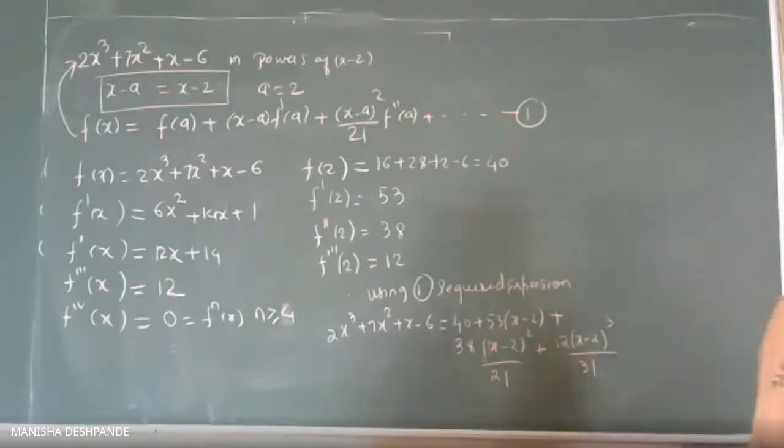Clear? Write down quickly. This is not a complete answer. You have to cancel out the terms which are getting cancelled. 38 by 2 will be 19 and 12 by 6 will be 2.